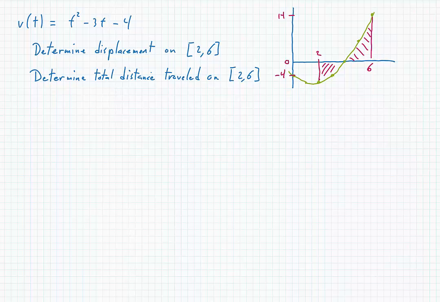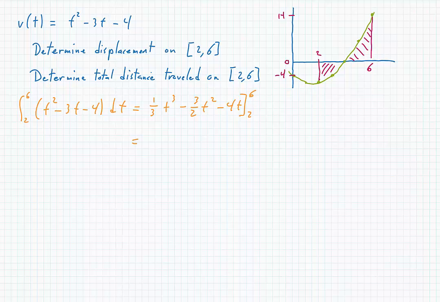So by the net change theorem, the integral of this function on the interval from 2 to 6 is going to give us the displacement. So let's consider the integral from 2 to 6 of t squared minus 3t minus 4 dt. That is going to be 1/3 t to the third minus 3/2 t squared minus 4t evaluated from 2 to 6.